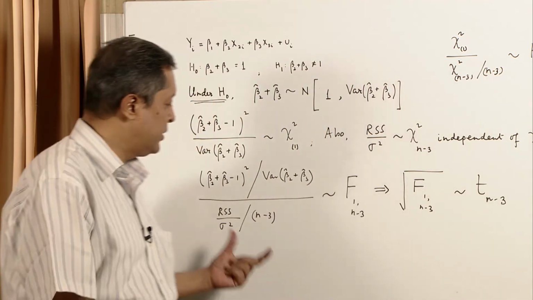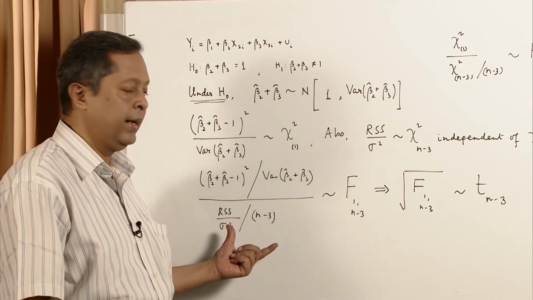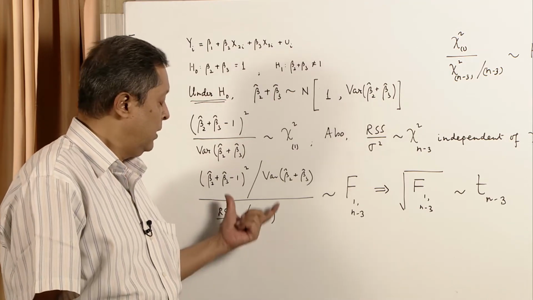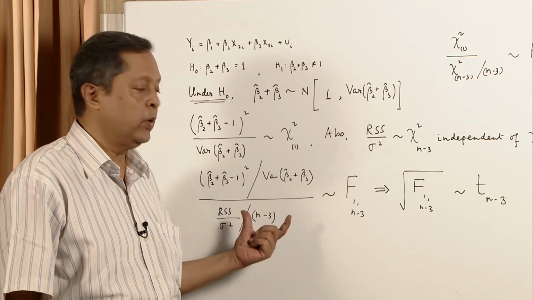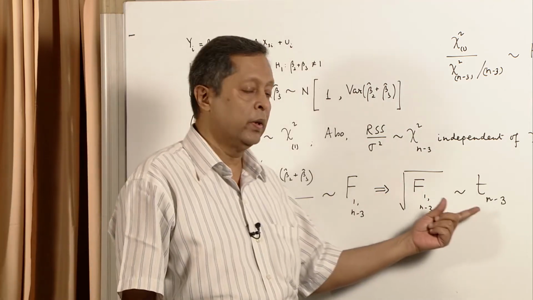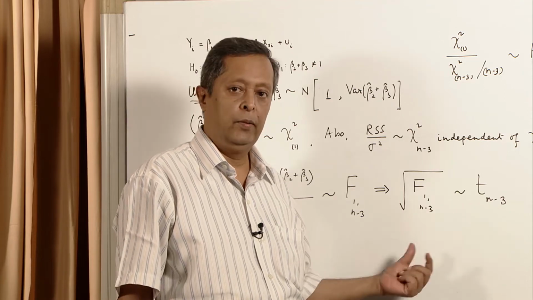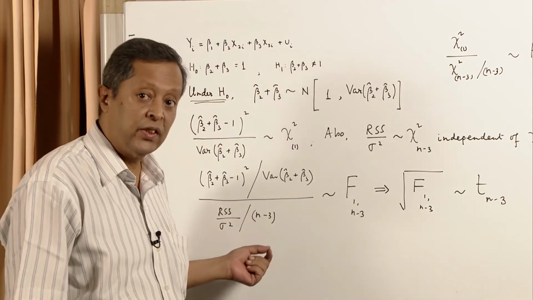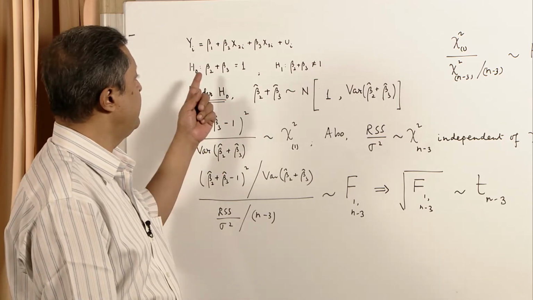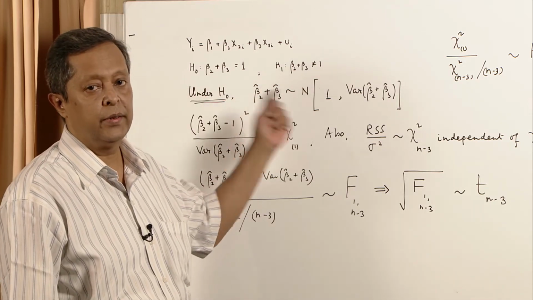Next, we will simplify this further and arrive at a formula which will be easy to handle, and that will follow a T distribution with n minus 3 degrees of freedom. So, that we will be able to form the decision rule on whether to accept H naught or to reject H naught.